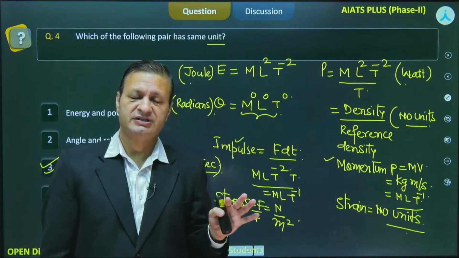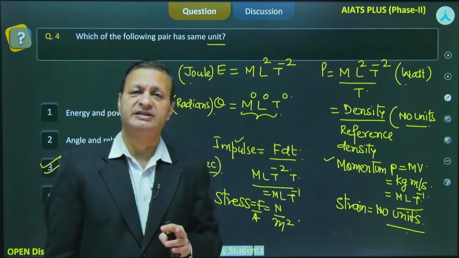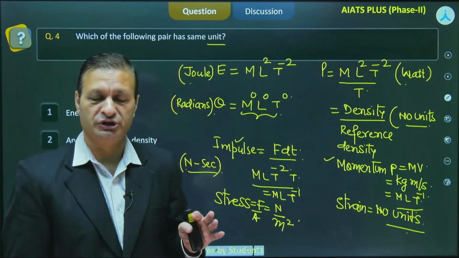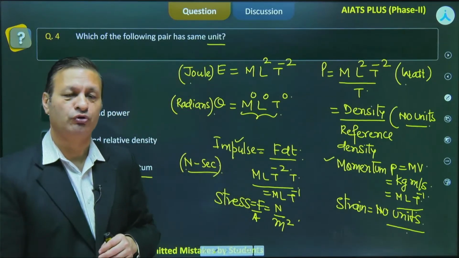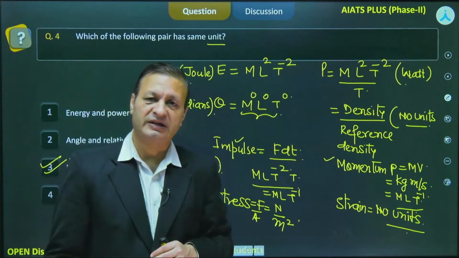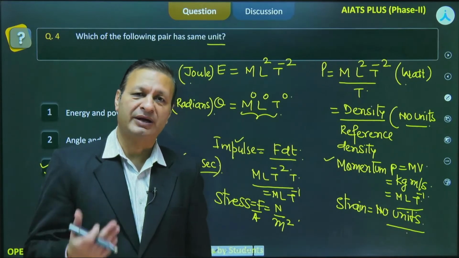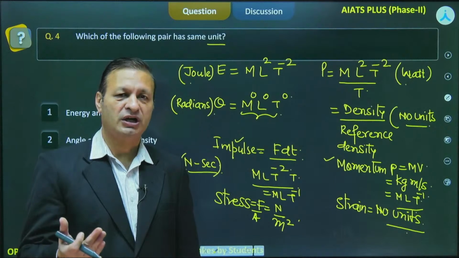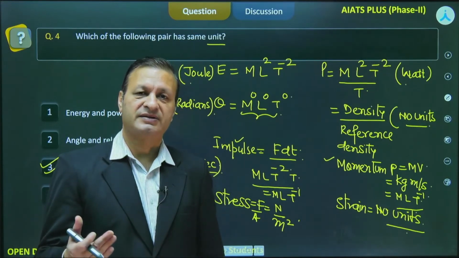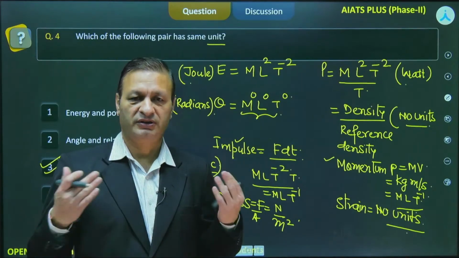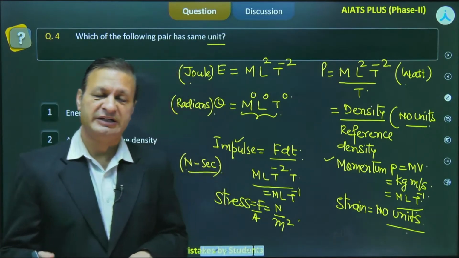So bachcho, this is a quite interesting case where you can pick up all these questions very quickly, very fast, if you know the dimensional formula, if you know the units. So I would again suggest you memorize the formula chart, the dimensional formula chart with their SI units that is given in every book, the very first unit of your NEET syllabus.